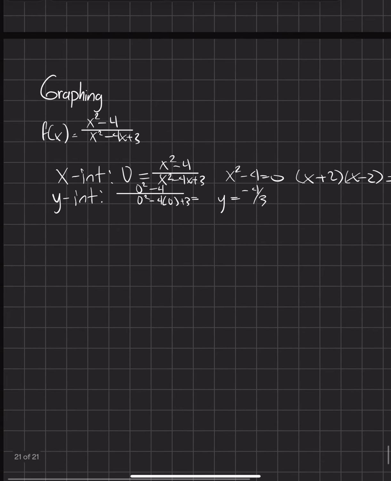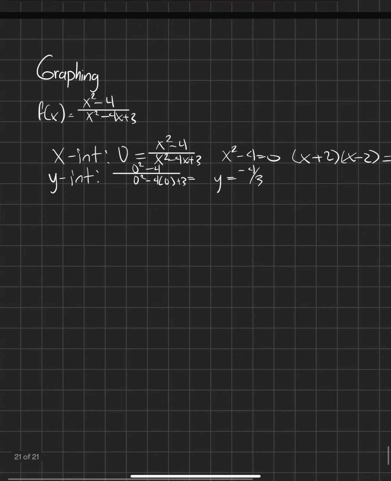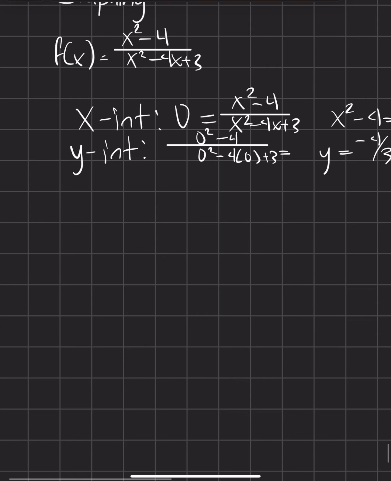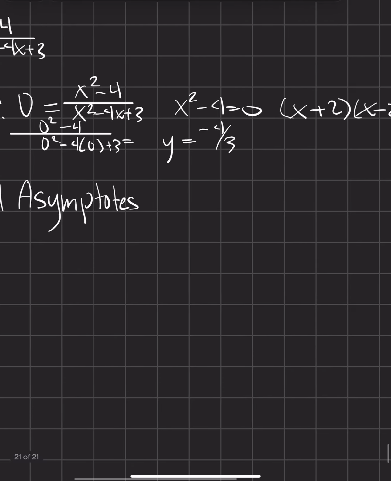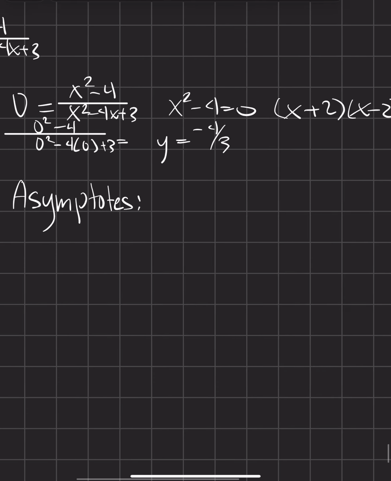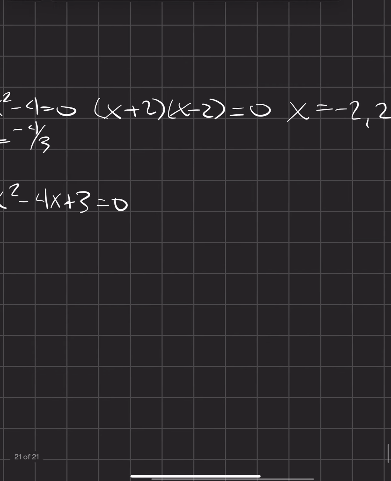Then for our vertical asymptotes, what you have to remember is that vertical asymptotes occur when the bottom of your function is equal to 0. So when our bottom part, x squared minus 4x plus 3, equals 0.